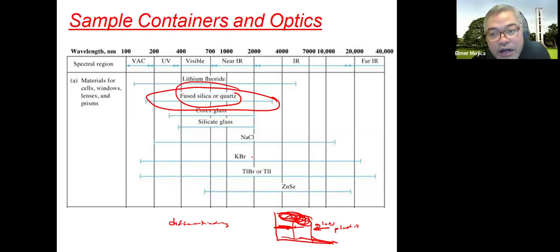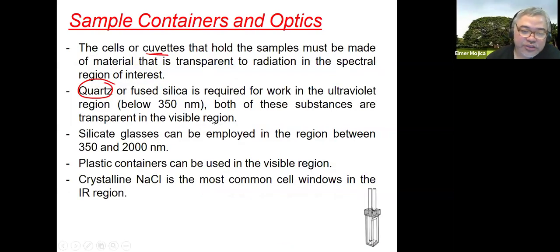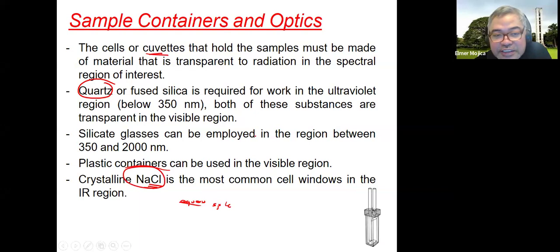Now, for the IR, it doesn't have to be transparent. Even if it gets dark or black, you can still use those cells. The one that's commonly used is the sodium chloride. But as I have told you, what's the problem with the sodium chloride? If you're using an aqueous sample, your NaCl can dissolve.